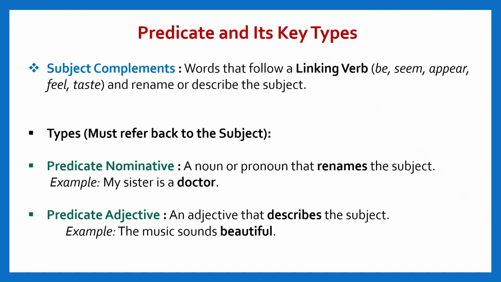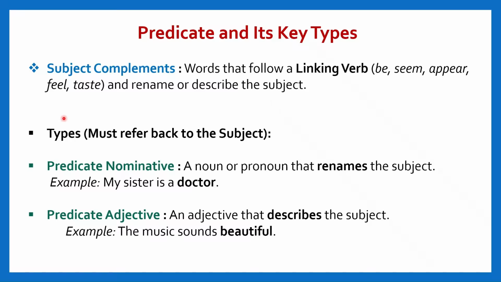এবার আমরা দেখে নেব প্রেডিকেটের আর একটা ইম্পর্টেন্ট কম্পোনেন্ট which is subject complements. Subject complements refer to those words that follow a linking verb like be, seem, appear, feel, taste and rename or describe the subject. In simple words, it helps to complete the meaning of the subject by telling who or what the subject is or how the subject is.